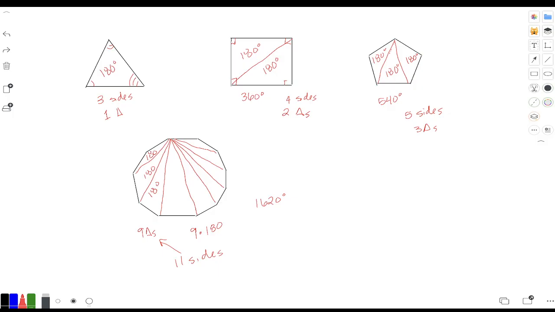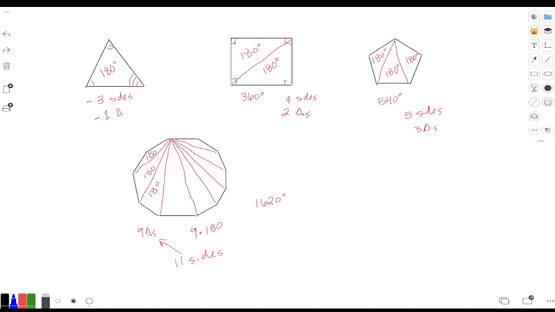Okay, there is a formula for this. You can find the internal angle measurements of any polygon without having to draw out the triangles like we have here. And you guys may have noticed a pattern. For our 3 sides, we only have 1 triangle. Okay, this is 2 less than the number of sides. Here it's 2 triangles for 4 sides, so 2 less than the number of sides, and so on and so forth.